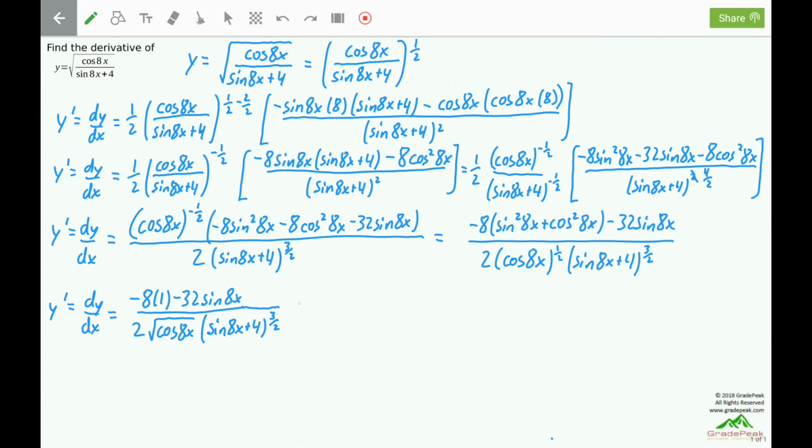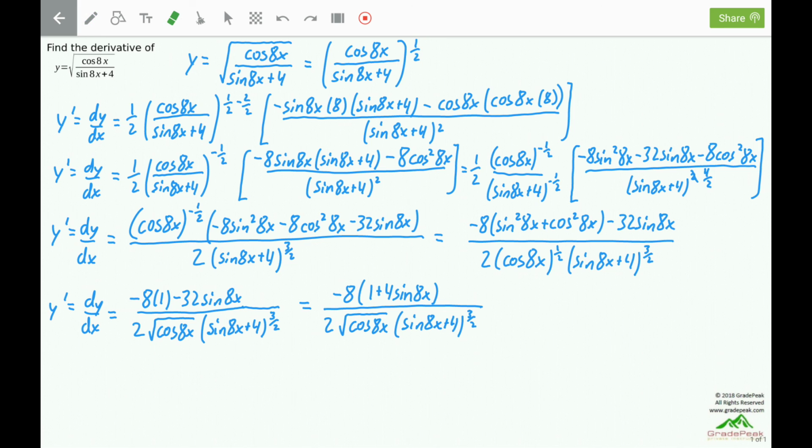Now in the numerator, we actually have a common factor of -8. So I will factor that out, and that will leave us with a +1 and then a +4 sine of 8x over the 2 square root cosine 8x, and then the sine of 8x plus 4 quantity to the 3/2.